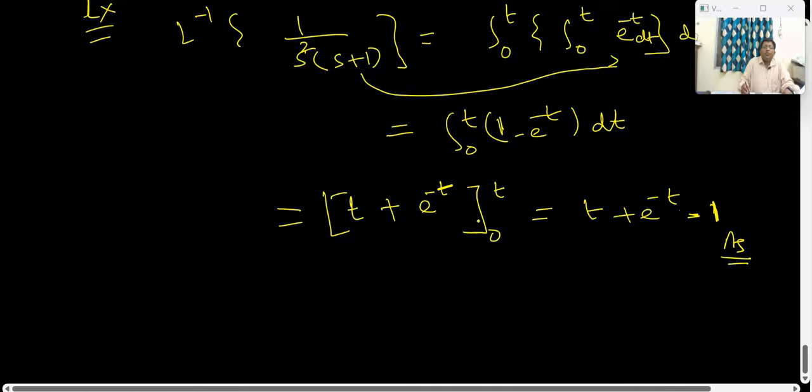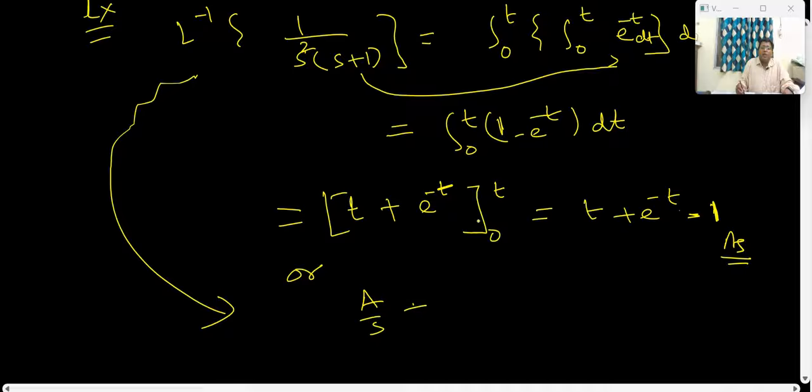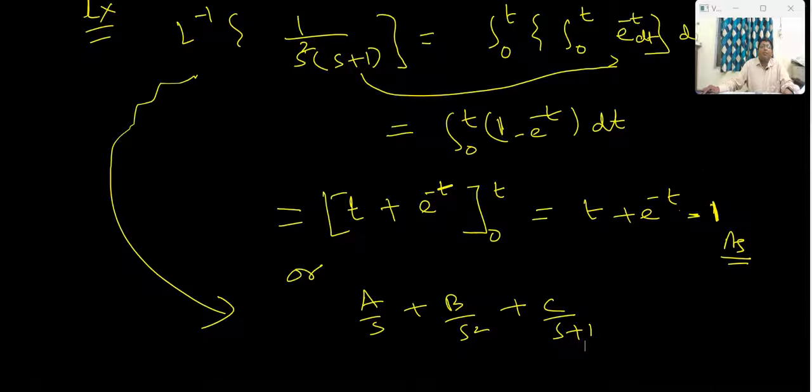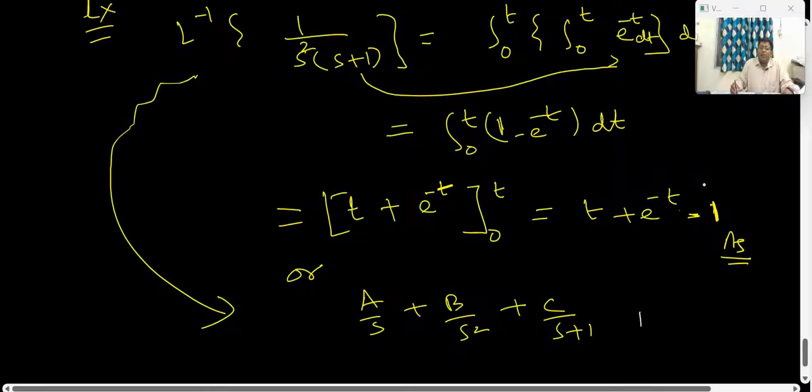Clear? Of course, the other way I will tell you later on. You can find it as a by s plus b by s square plus c by s plus 1. It is because of your partial fraction, right? If you solve it, you will get a as minus 1, b as 1, and c as 1, right?